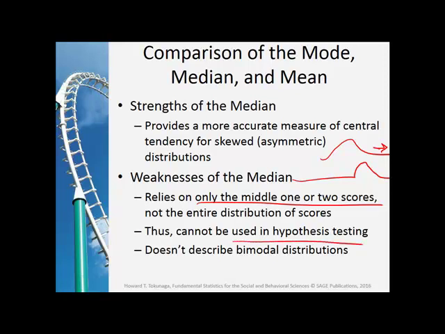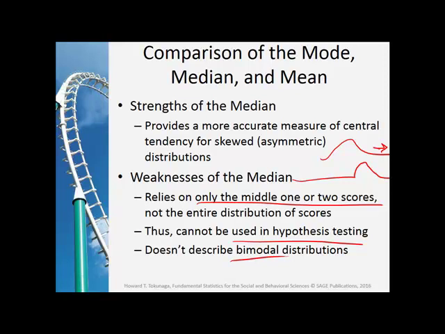As a result, because it doesn't represent the entire distribution, we don't use it in hypothesis testing. Which is kind of the whole point of learning statistics. Not just to summarize data, but to actually test a social science hypothesis and try to see how well our sample reflects what's going on in society.